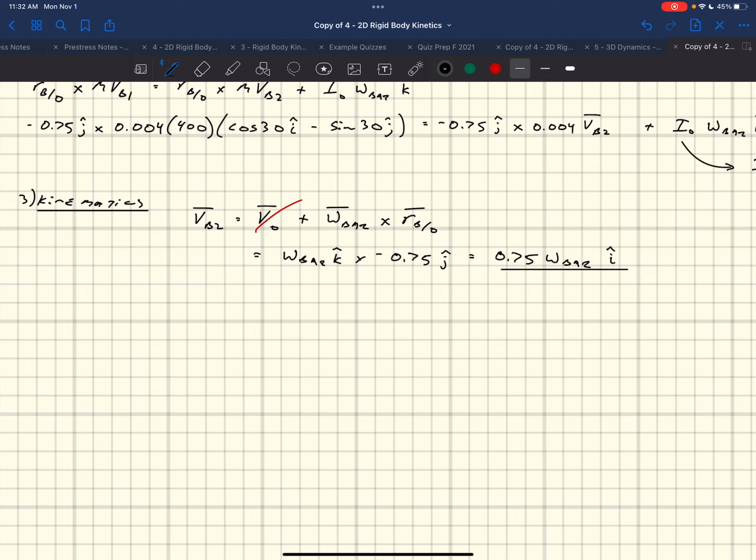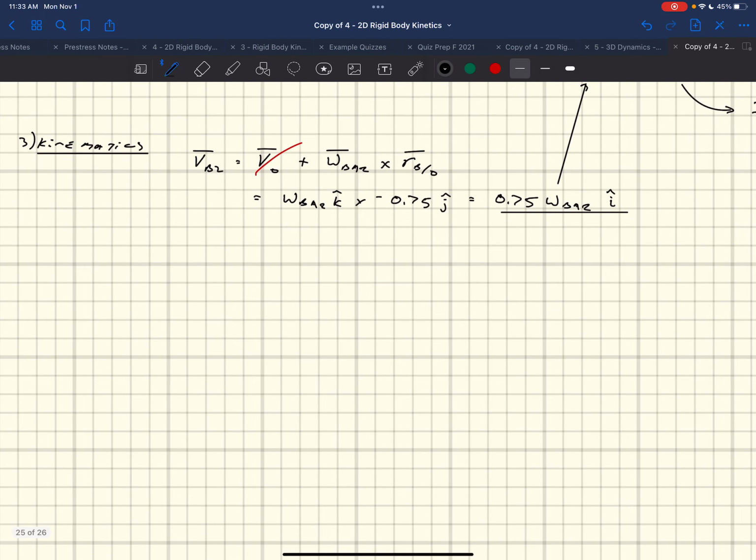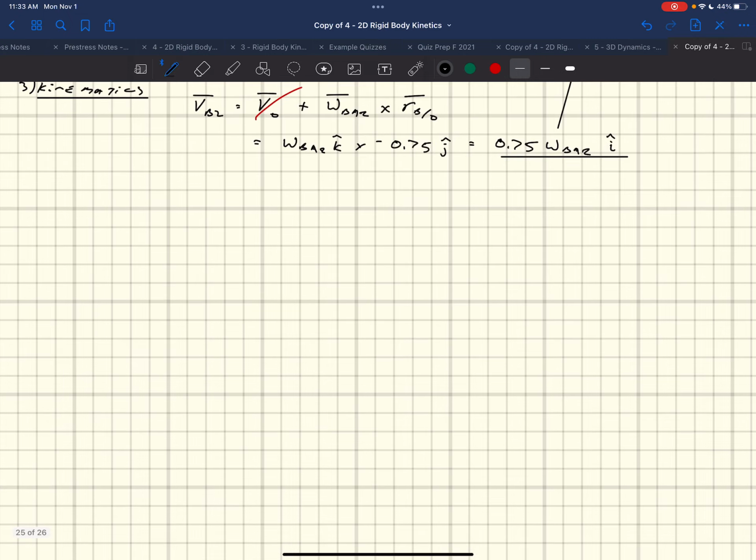And so that's what VB2 is, so that's what goes right there. So if I plug that in, I just came up with a relationship for omega bar, and again, it's just R times omega, right? But if you don't see that, you could do your kinematics from the start, and that's what you get, 0.75 omega bar in the I. Right? And now we can go down and we can solve it.